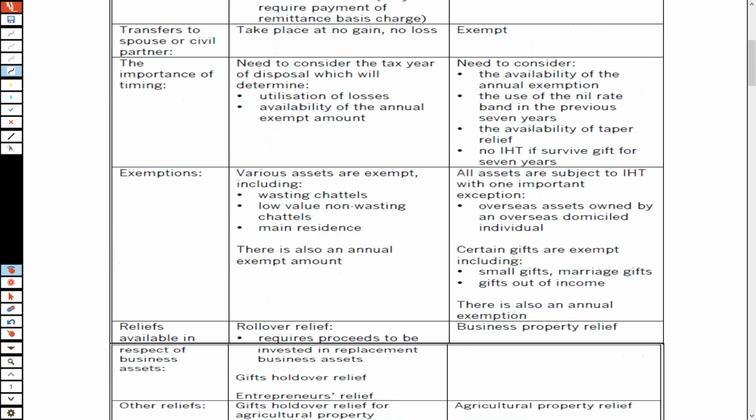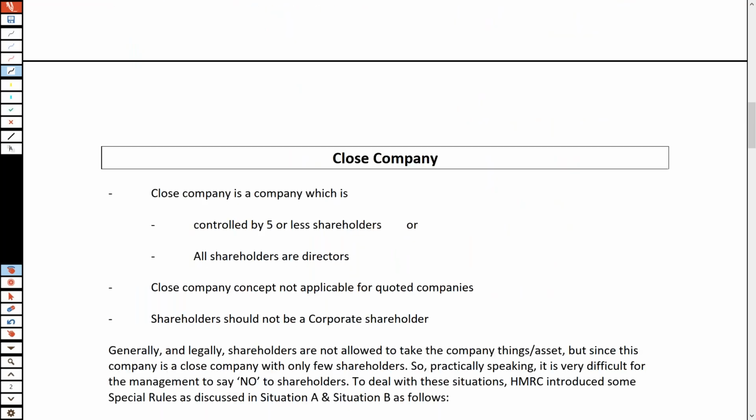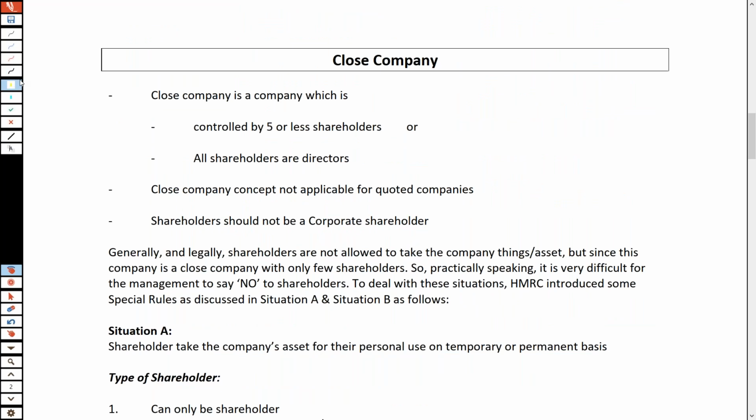Now, on the next slide, there is a concept of closed company. As we are going to start another question, but before that, let's discuss a few concepts which are tested in that exam question. My dears, a closed company is a company which is controlled by 5 or fewer shareholders, or, in other words, condition 1 can be met or condition 2 can be met.